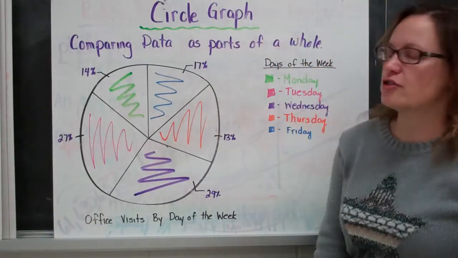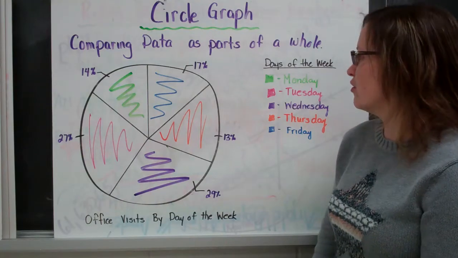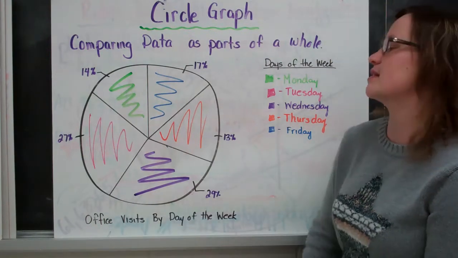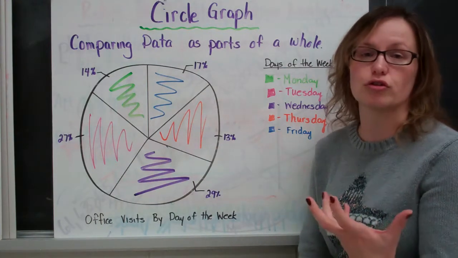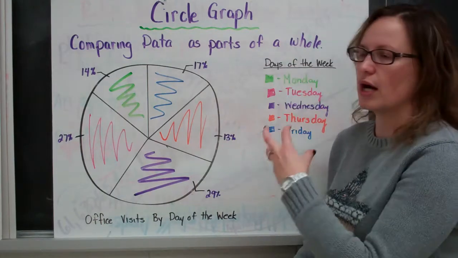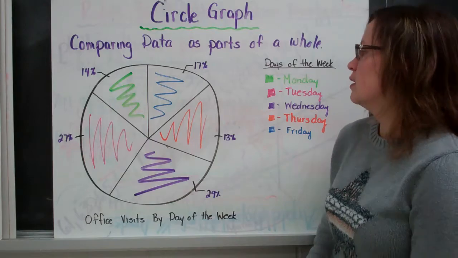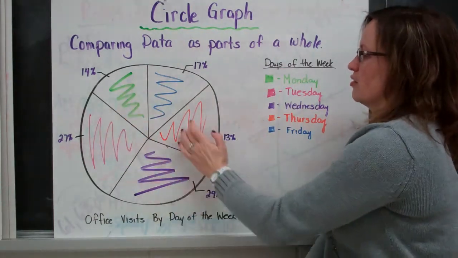Circle graph. A circle graph is used to compare data as parts of a whole. In the other video, we talked about office visits by day of the week. This should be underlined because it's my title. I decided to create a circle graph to represent the percentages of students that go to the office on certain days of the week. I have my legend here that shows the color coordination: Monday, Tuesday, Wednesday, Thursday, Friday.